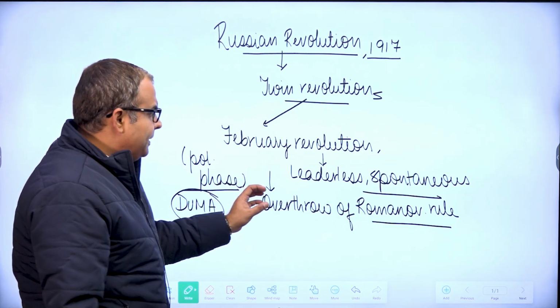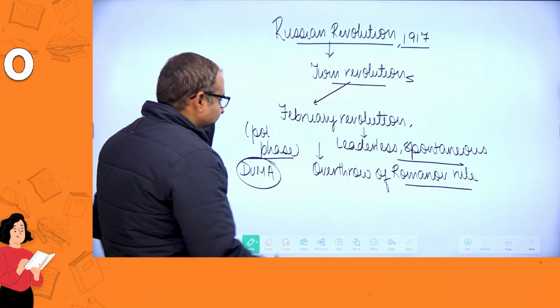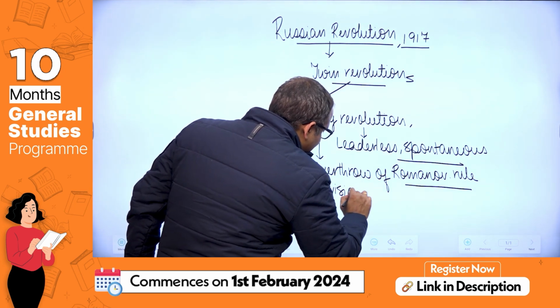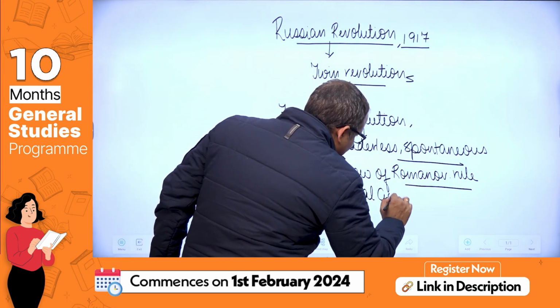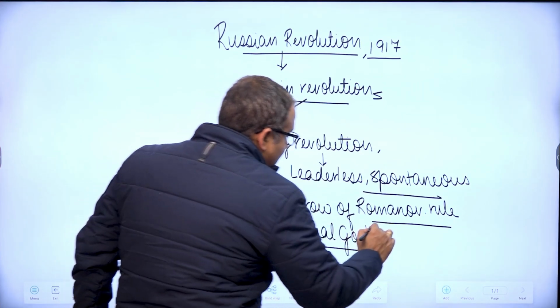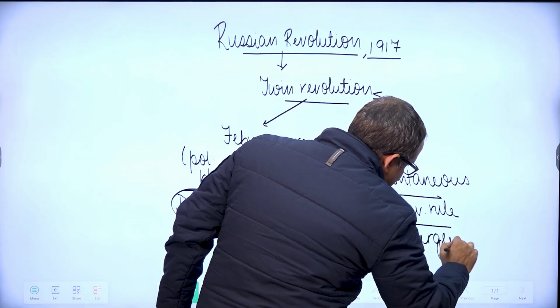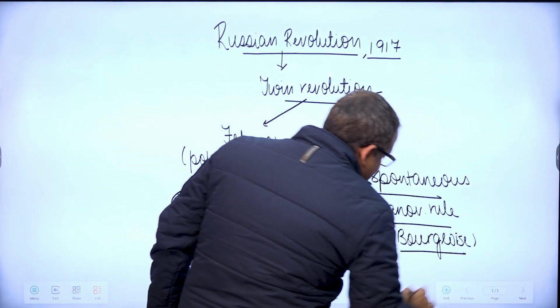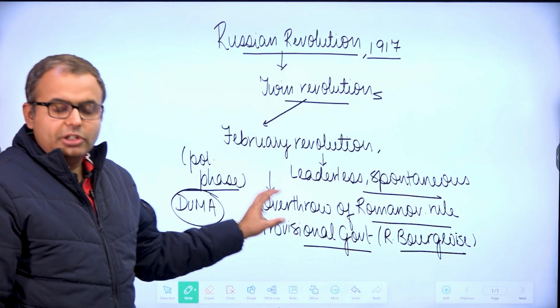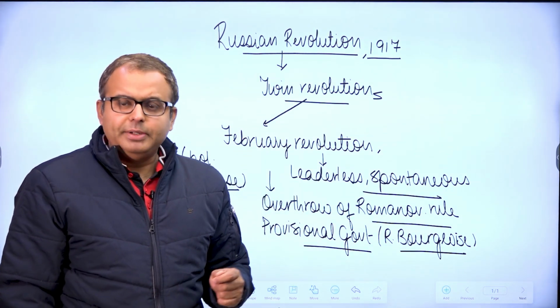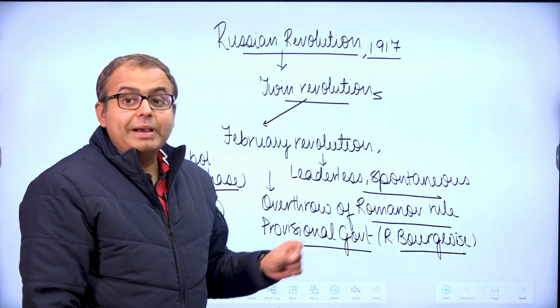So the monarchical rule came to an end and a provisional government was formed. A temporary government, controlled by the Russian bourgeois. Its responsibility, until proper elections were held and a proper government formed, was to manage the war.